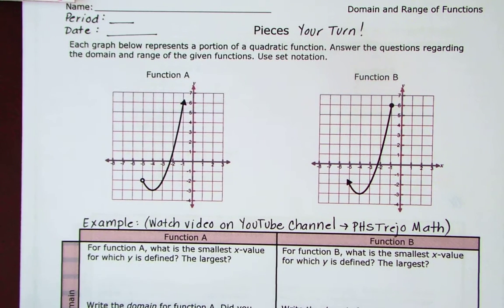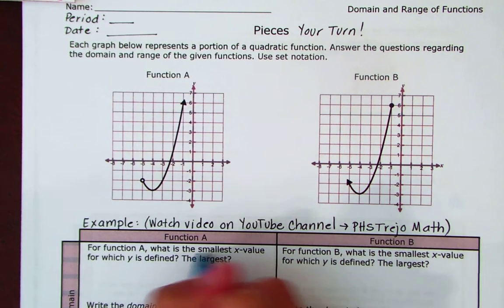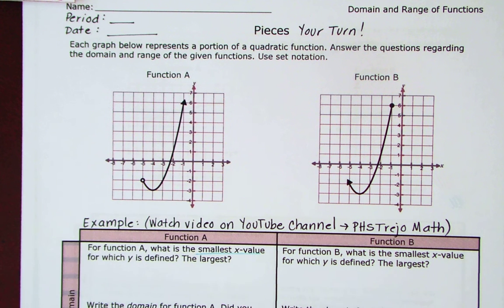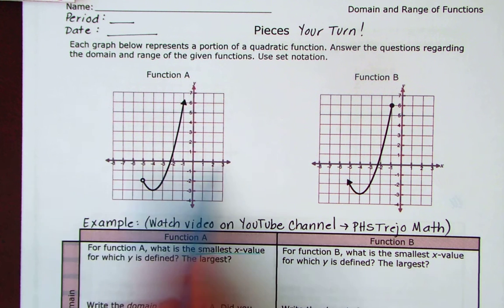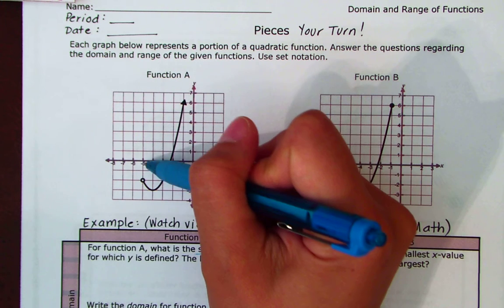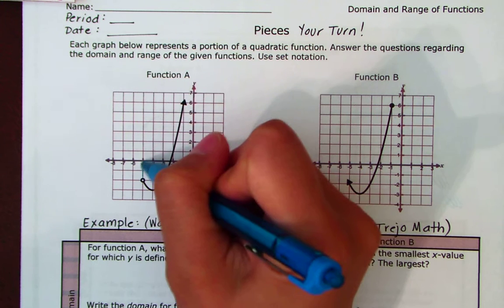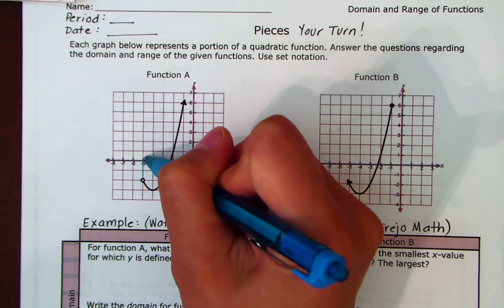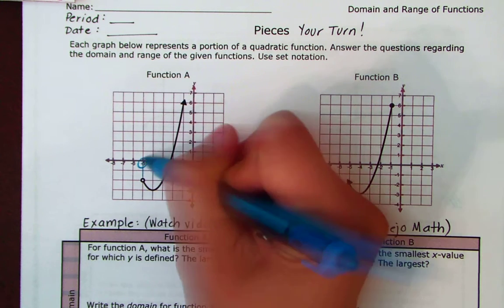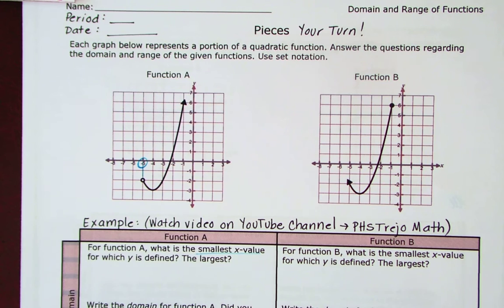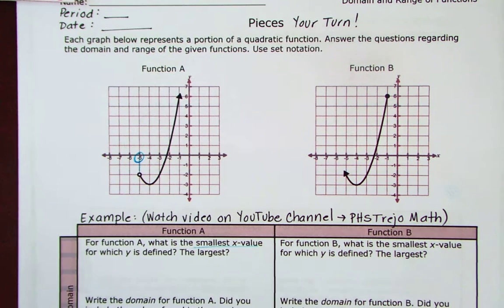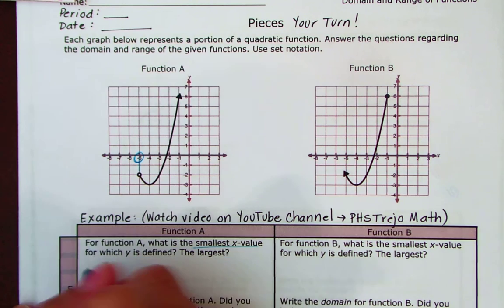So for example, if I look at function a, which is this one here, what is the smallest x value for which the y is defined? If I look on my line, the graph starts here at -5. So the smallest x value for which y is defined is -5. So you're going to say that.